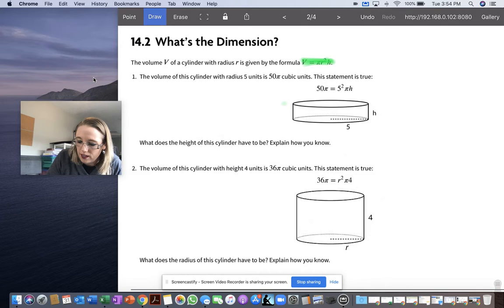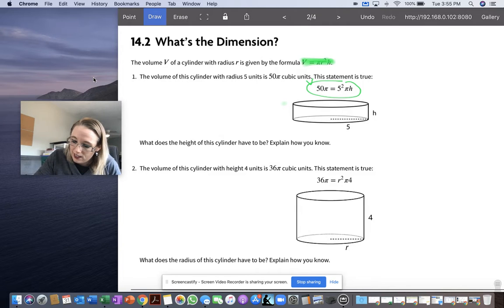So this statement that they're giving you, 50 pi, which is your volume, remember, equals 5 squared pi h. So what does the height of this cylinder have to be? Okay, so all you're going to do is solve for h.